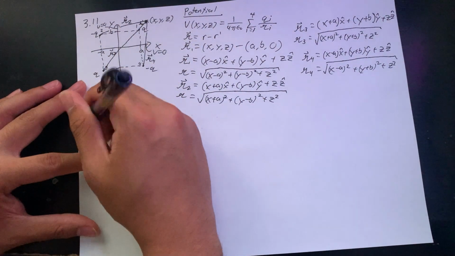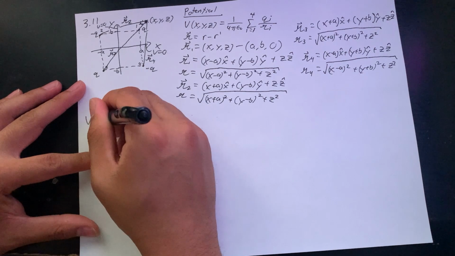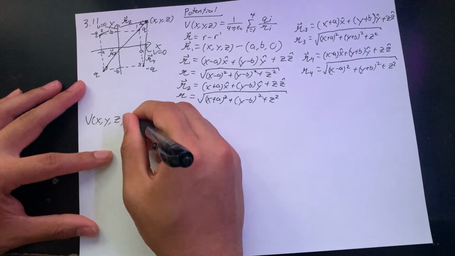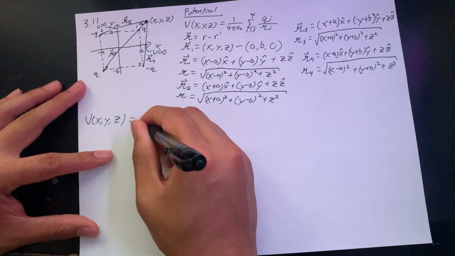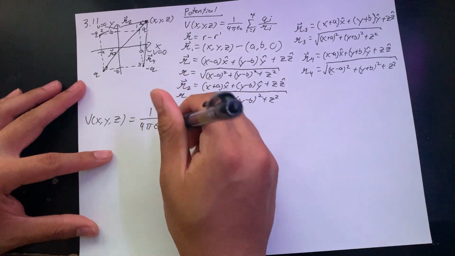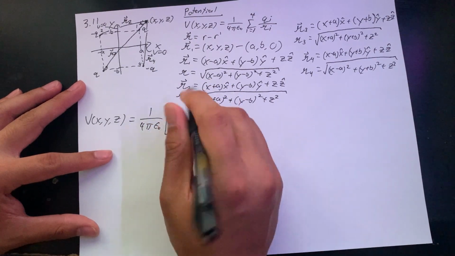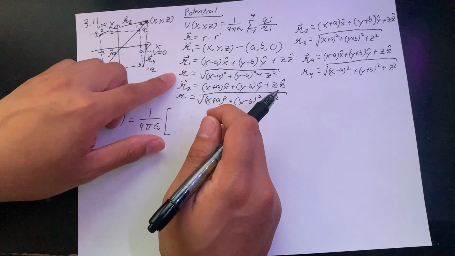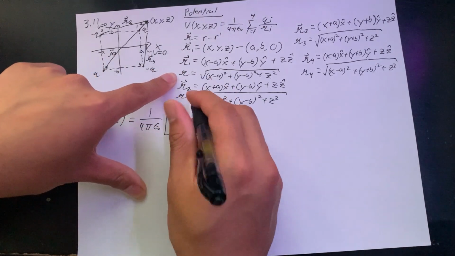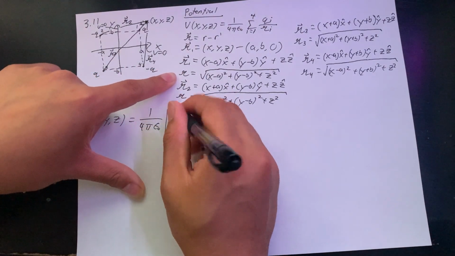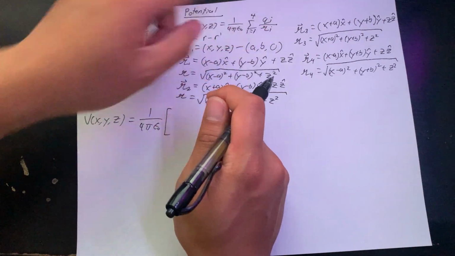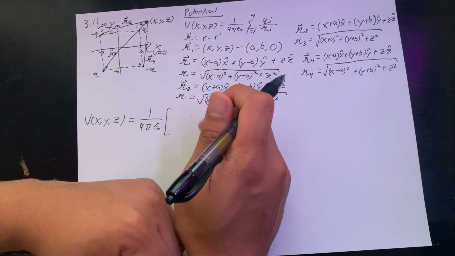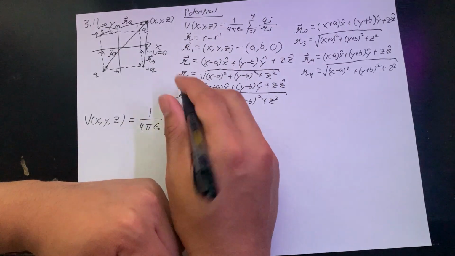So 1 over 4 pi epsilon naught times our first point magnitude, which is that one. I'm just going to write it as script R for now, because we can take out the Q later.